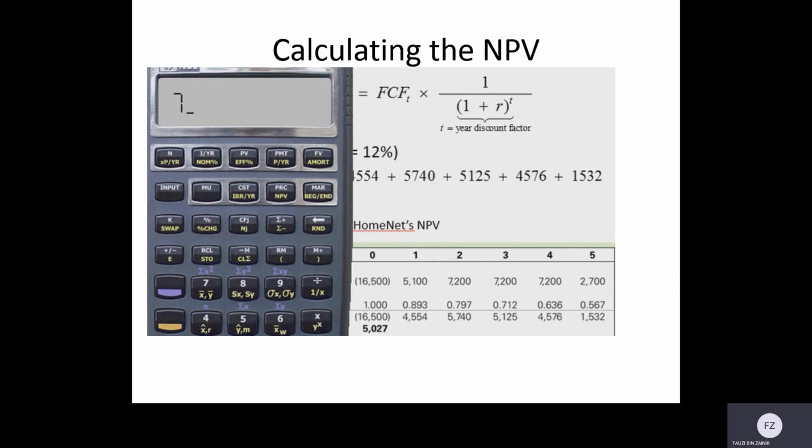Then 7,200, CFJ, that is year 2, 7,200 year 3, 7,200 year 4, and 2,700 year 5. Then you press 12, 12I, then orange and NPV. So you get 5,025, close to it. I did something wrong just now.